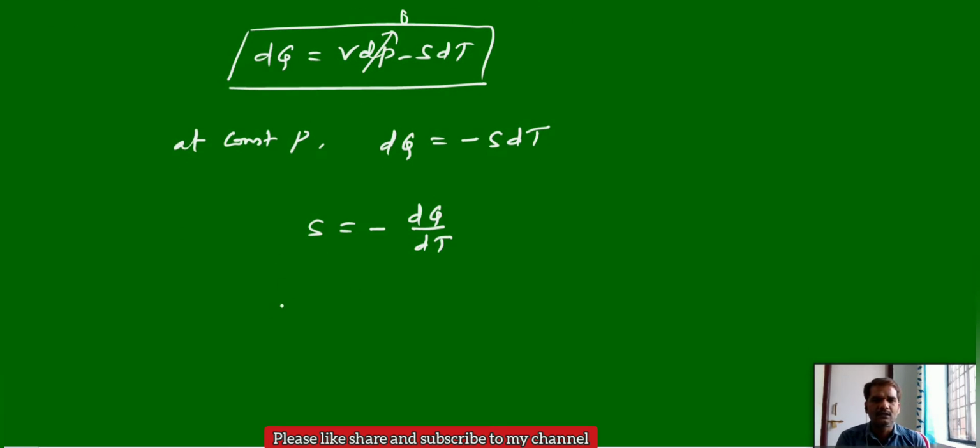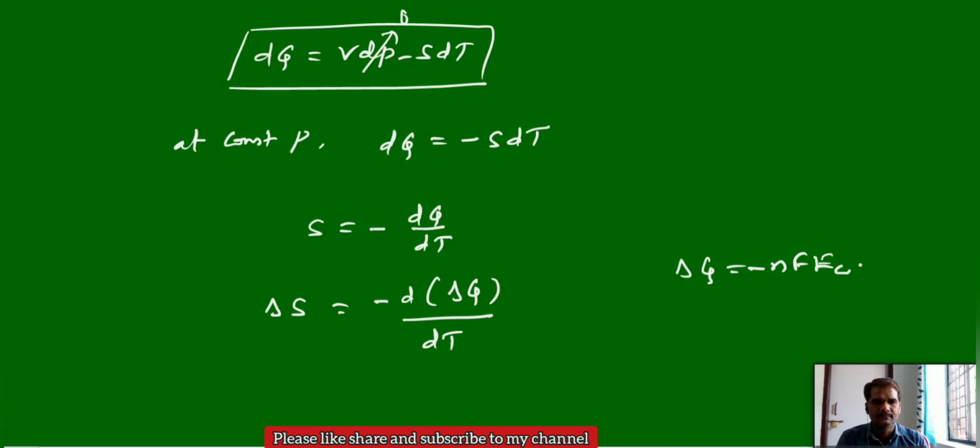If you take overall change in entropy, delta S is equals to minus of d of overall change of Gibbs free energy by dT. And what is the delta G value? Already we calculated. The decrease in free energy, that is the non-PV work, electrical work done, delta G is equals to minus nF E cell.